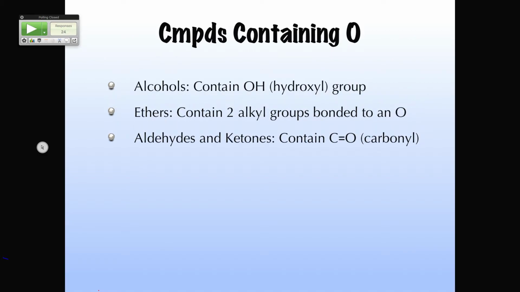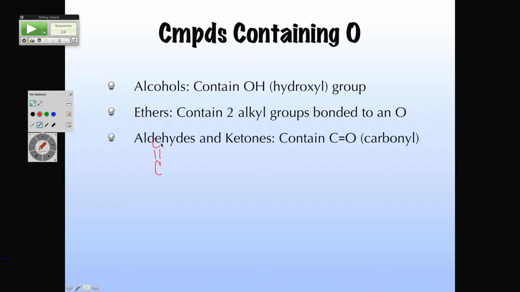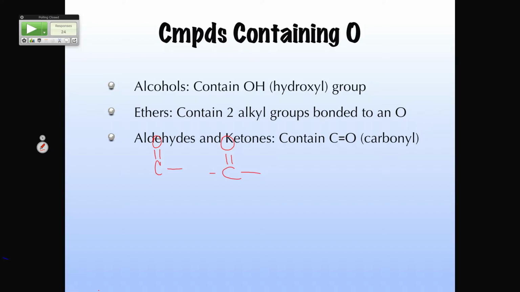Aldehydes and ketones. This is one I haven't told you much about yet. An aldehyde and a ketone both contain this thing, C double bonded to an O. That is called a carbonyl. You don't know how hard it is to not say words I haven't defined yet.